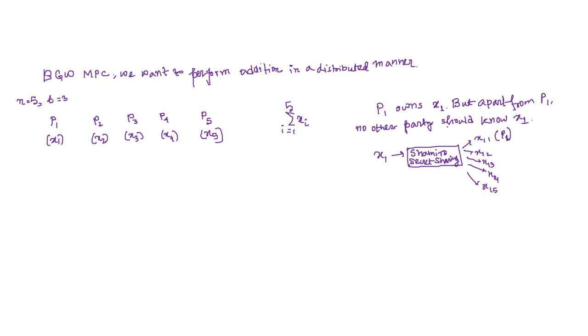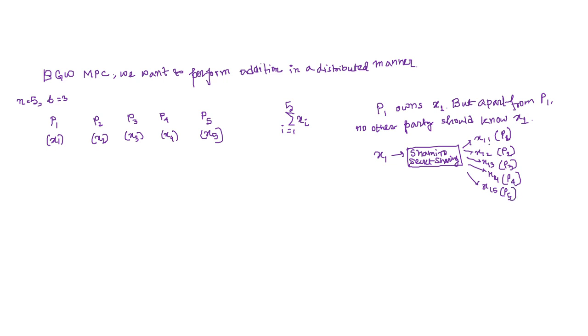P1 already knows the whole of x1, that is okay, but for the computation purpose, P1 will use only this share, that is x11. P2 will get access to x12, the second share of the input x1. P3 gets access to the third share, x13. P4 gets access to x14 and P5 gets access to x15.